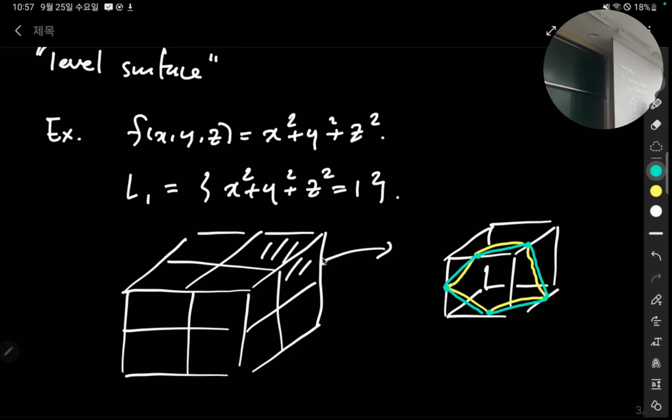So for each cube, you look at the boundary surface, which is the planar surface. And for each surface, how many are there? There are 6, right? And for each surface of the cube, you look at the 4 sides of this rectangular surface. And for each side, you do the same thing as you did for the two-dimensional contour curve.